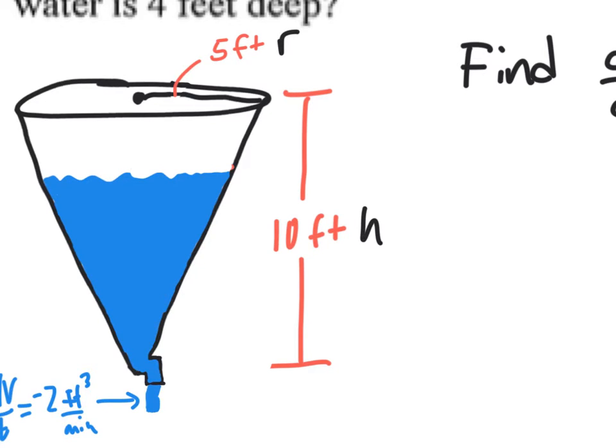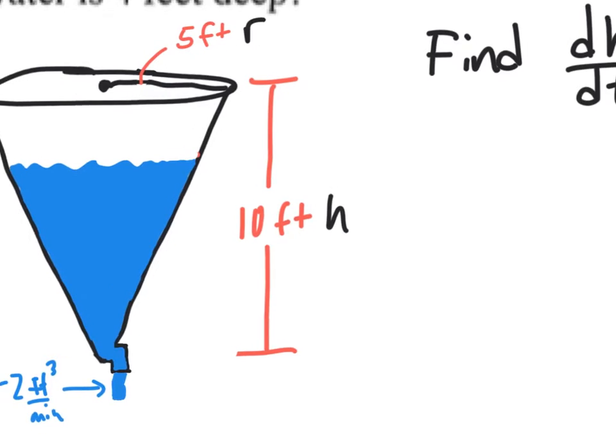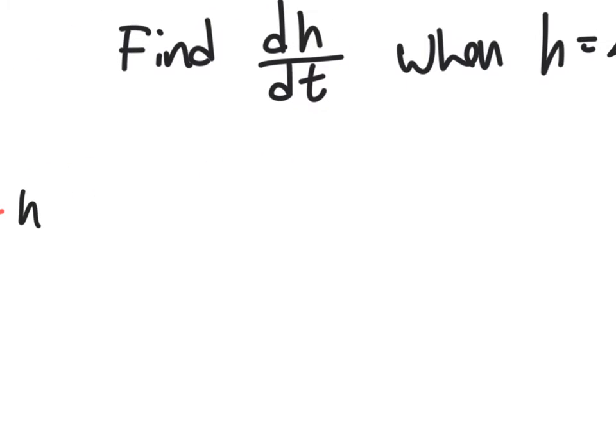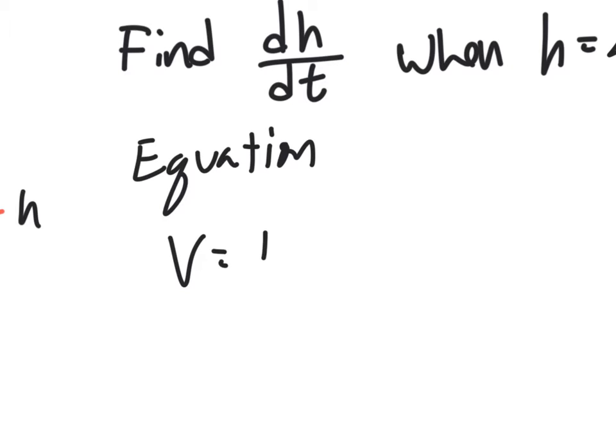And what I know about the equation, because we're given the rate at which the volume changes, the equation that I want to write is the equation for the volume of a cone. The volume is equal to pi over 3 times the radius squared times the height.